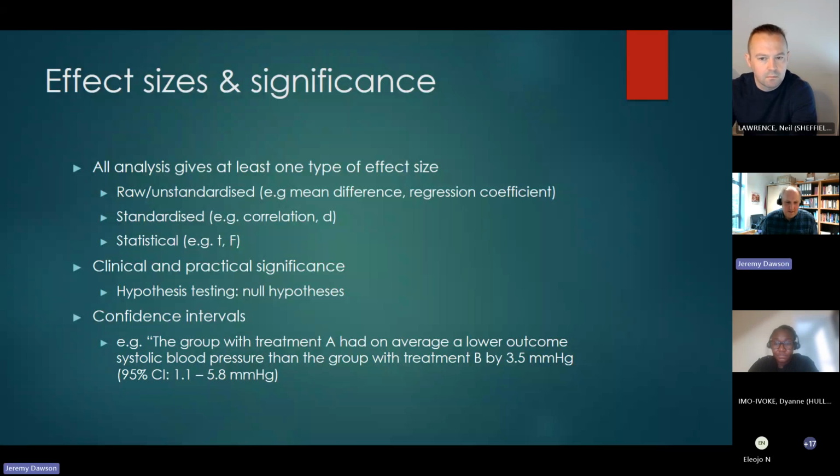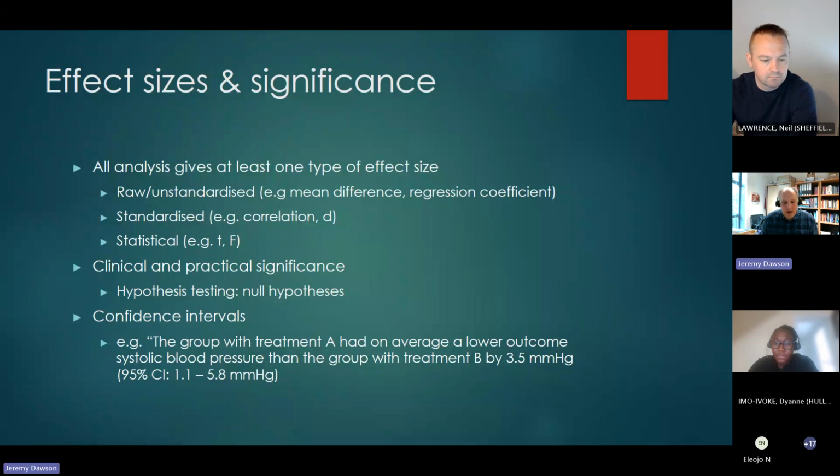of that effect size. So for example, in the statement I've put here, the difference between treatment A and treatment B in terms of systolic blood pressure was 3.5 millimeters mercury, and 95% confidence interval 1.1 to 5.8, meaning that with 95% confidence, we could say that the actual difference is somewhere between 1.1 and 5.8.